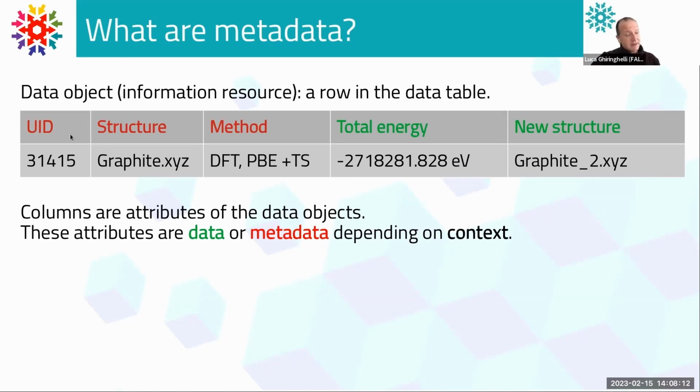And so let's say that what has been calculated could be called the data, and everything that identifies, explains the data on this side with red. Sorry for the color blind. These three columns are red and these two are green. So data are green and metadata are red. Probably next time we'll change these colors.